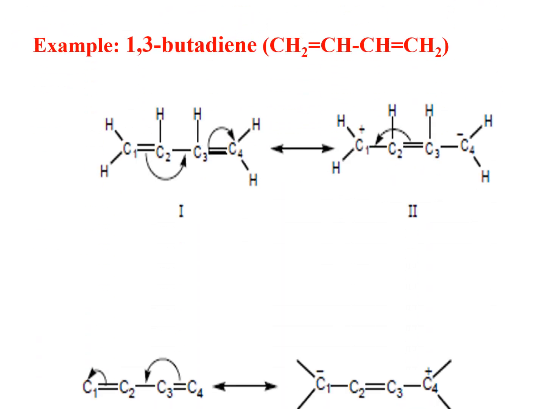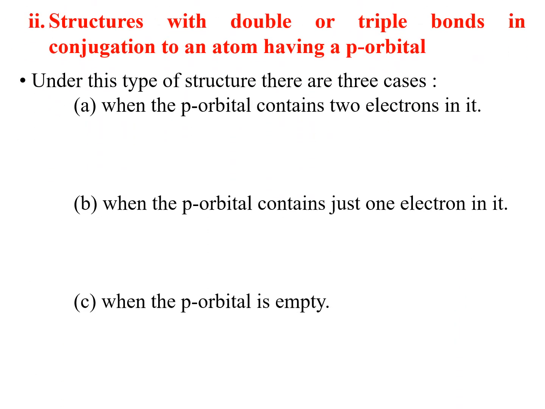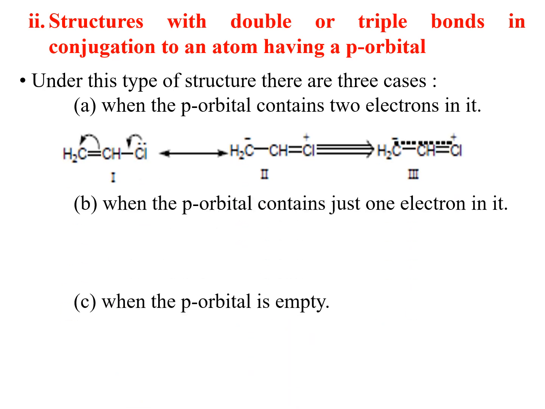Compounds that undergo resonance also include structures with a double or triple bond in conjugation to an atom having a p orbital. This p orbital can contain two electrons, it can contain one electron, and it can also be empty.